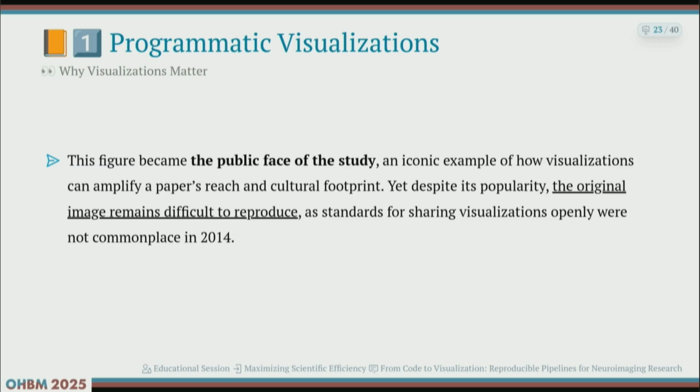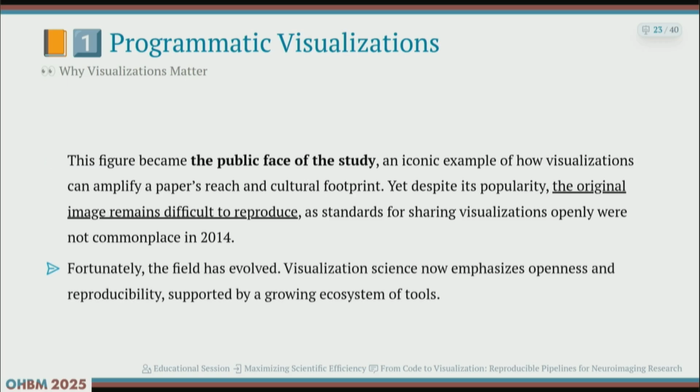And it's a pity that the original image is not completely reproducible, given that back then it was not commonplace to provide scripts that others could use to reproduce your figures. But we've fortunately evolved since then, and it has become more common for visualizations in the sciences to be reproducible these days.